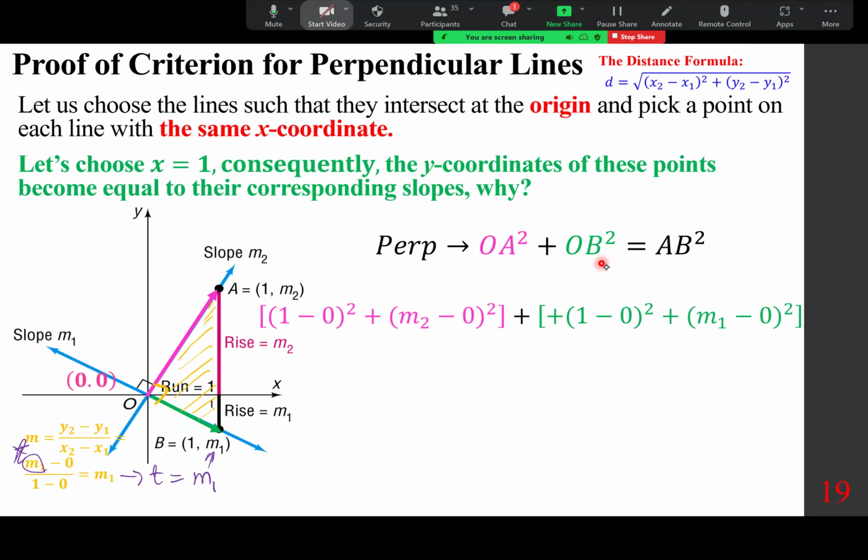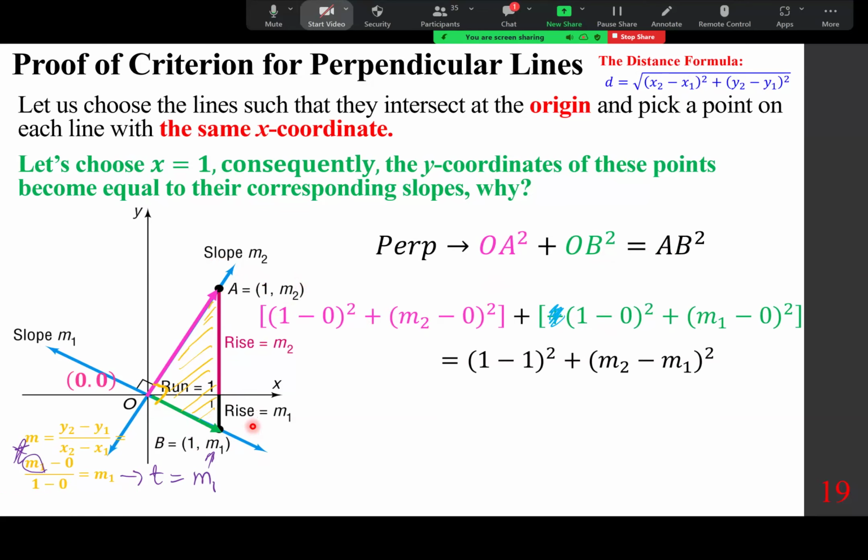This is OB squared. This is not needed. And what is AB? According to this formula, 1 minus 1 squared plus m sub 2 minus m sub 1 squared.